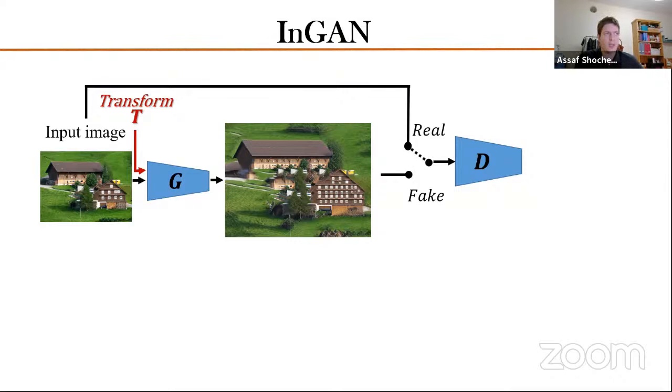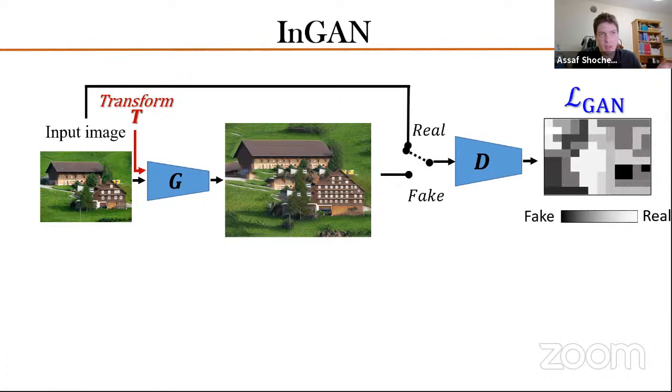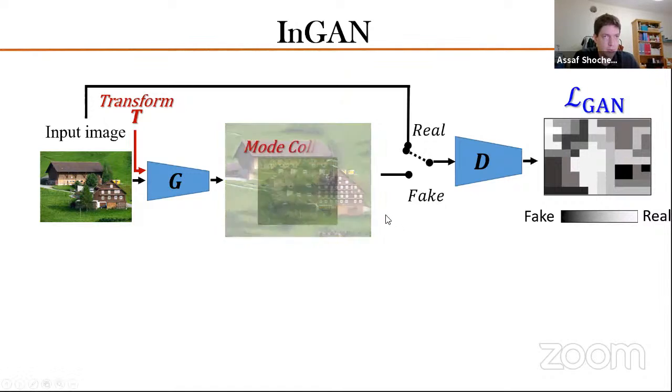We only have one real example, which is the original image, but it contains tons of patches, and we have many fake examples, one every time the generator creates one. This discriminator judges patches rather than a full image. The generator's job is to fool the discriminator into believing that the patches it sees actually belong to the original input image and not to a fake, newly generated one.